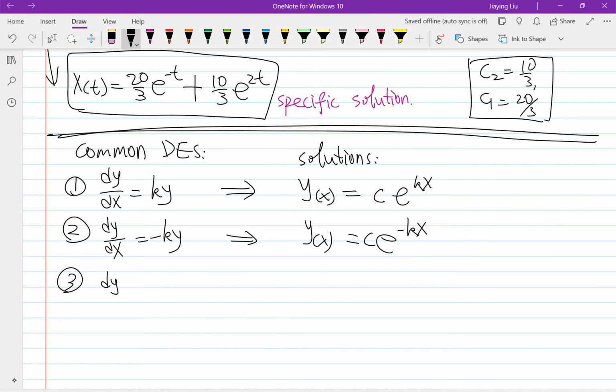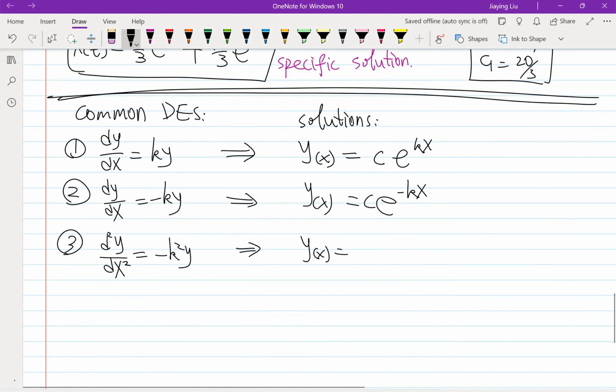The third one is that if you have a second derivative of y with respect to x equals negative k squared y, the solution is slightly different, which will be y of x equals C1 cosine kx plus C2 sine kx.